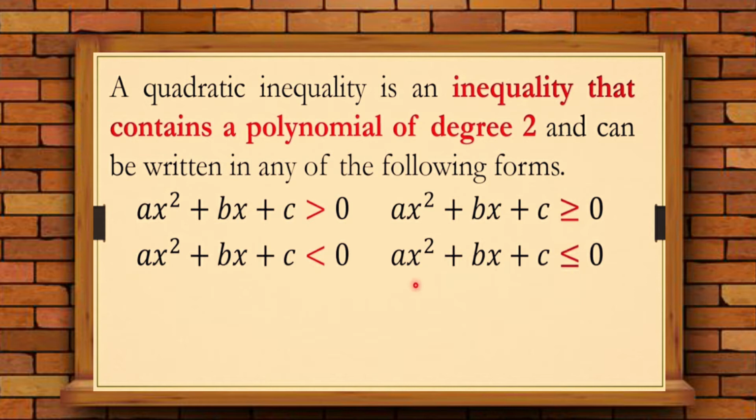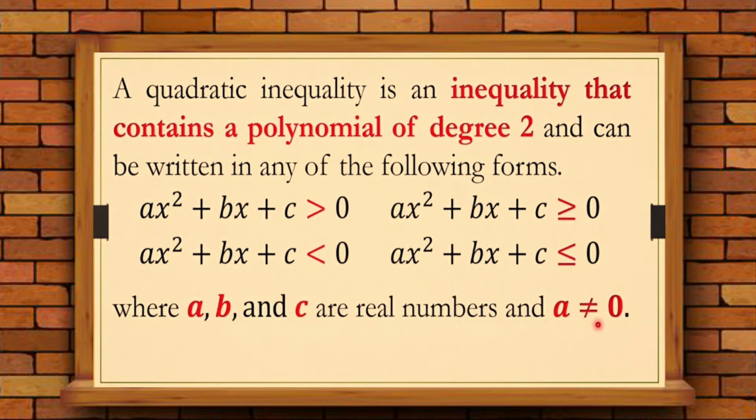I repeat, class, if we see inequality symbols like this, it is a quadratic inequality if its highest degree is 2. Remember, aside from the symbols, let us also look for the highest degree in order to know if it is a quadratic inequality. And class, also remember that a, b, and c are real numbers and a should not be equal to 0.